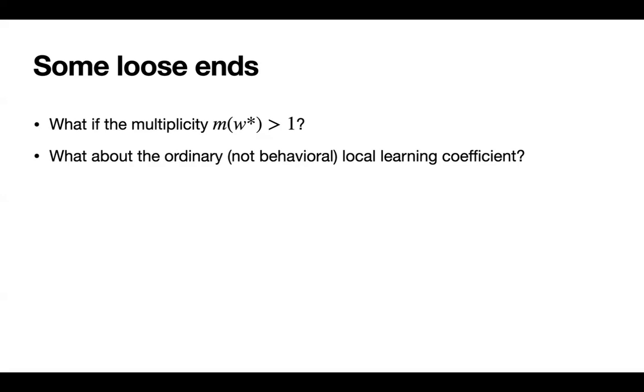You are actually learning something quite important about the structure of the model. But I still think there's potentially important stuff you could say in the case where you're looking at the ordinary learning coefficient rather than just this behavioral local learning coefficient. That would be a direction to figure out.